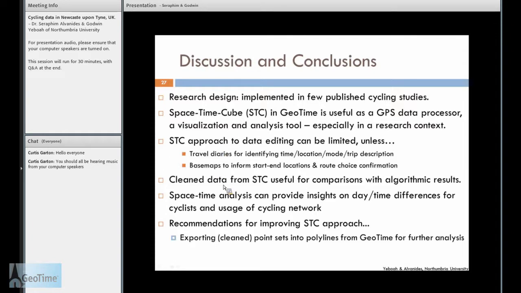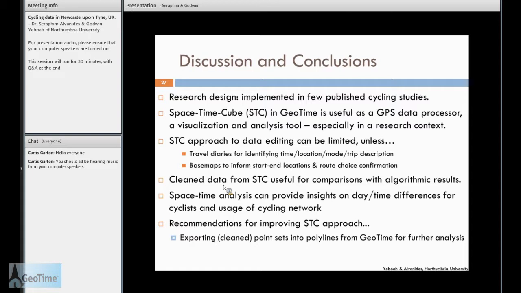And the clean data then that we showed earlier can also be used for comparisons with algorithmic results. There's a push for algorithms to clean the data automatically and present the data, but they haven't been tested extensively yet. And also the space-time analysis obviously can provide insights in terms of differences and different cycling behaviors and the usage of the cycling network, which is the core substantive element of this research.